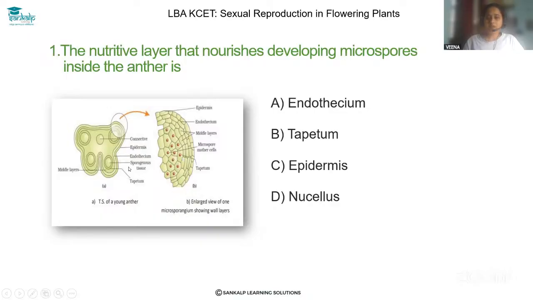So these are four different layers of the anther, and the one layer which is giving nourishment to the developing microspores is nothing but the tapetum layer. Let's mark the tapetum layer.